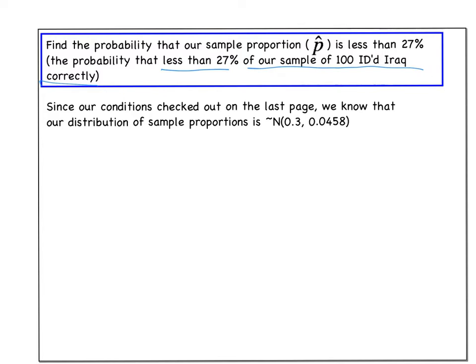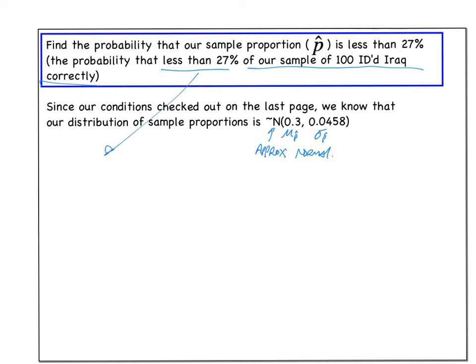So our conditions checked out on the last page. We found that our mean was 0.3 and our standard deviation was 0.0458. And now we know that it's approximately normal. All of those conditions worked. So now we can use z-scores.